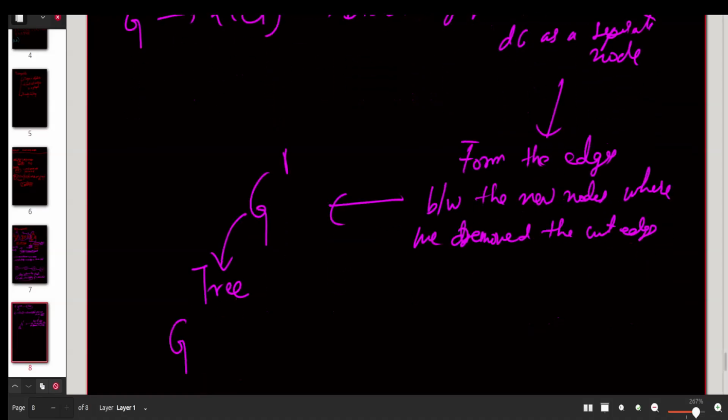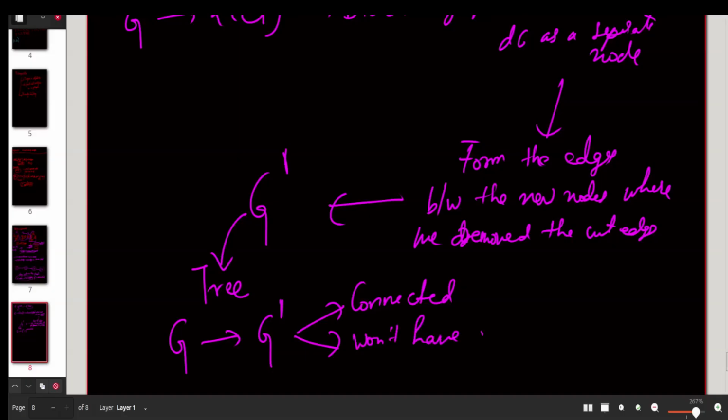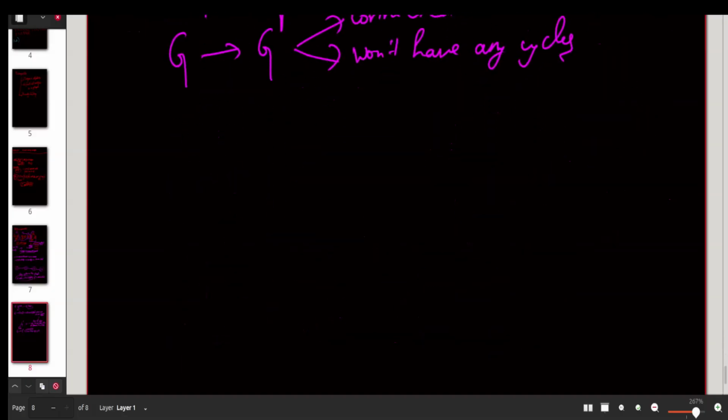Because the original graph G is connected, if you remove the cut edges and form them again, the resultant graph G dash will also be connected because you haven't removed any important edge, you haven't missed any edges. And also there won't be any cycles in the graph. One property is that it is connected, and the other property is that G dash won't have any cycles. How do we prove it? Assume that G dash has cycles.